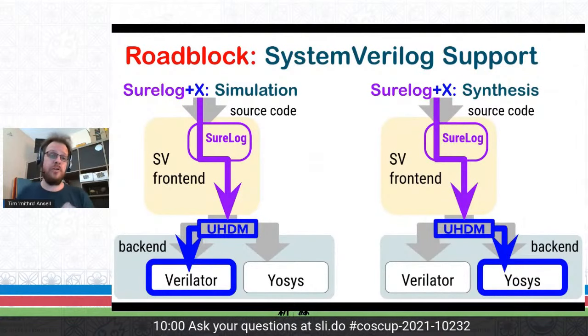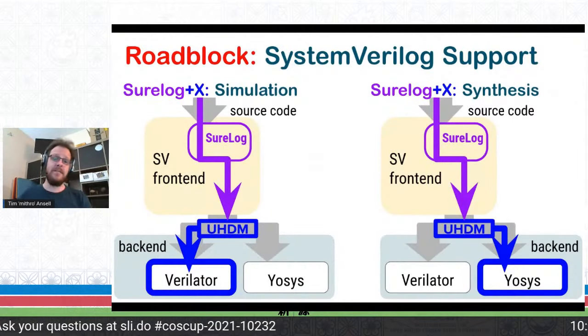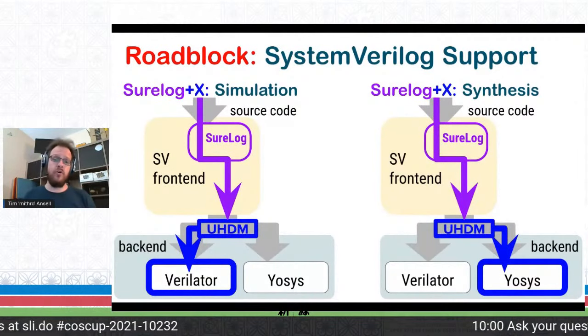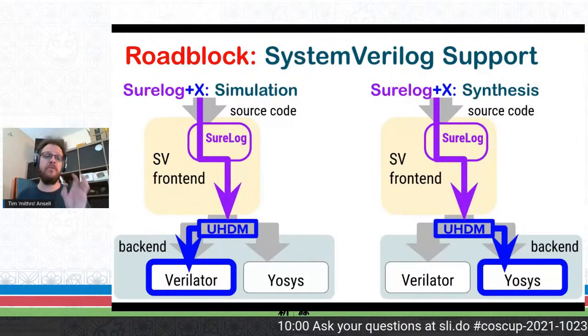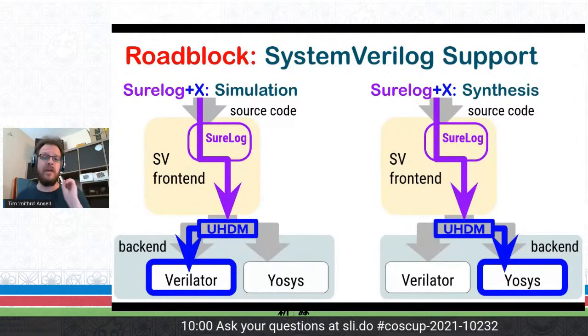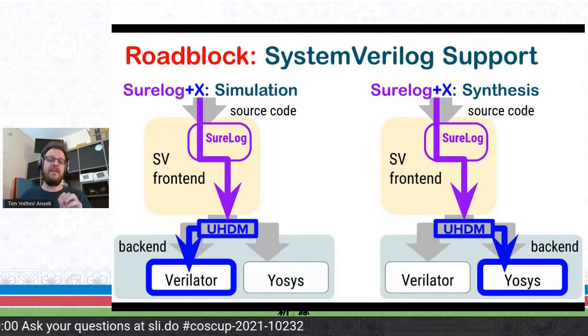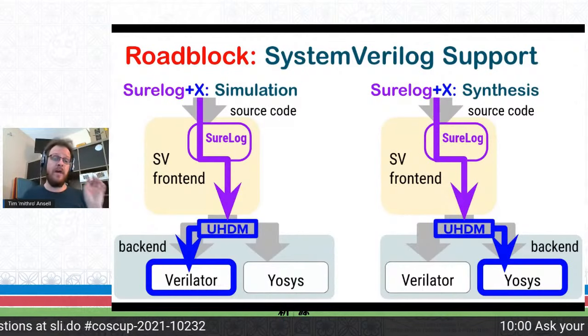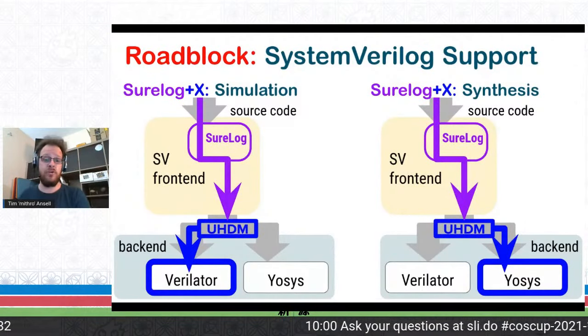So we worked to develop this other parser called Surelog that's ANTLR-based, and an interface called UHDM, which allows the parser to be separate from the simulation and synthesis tool. So we're using the same parser to connect to Verilator, a very popular simulator, and Yosys, a very popular synthesis tool.